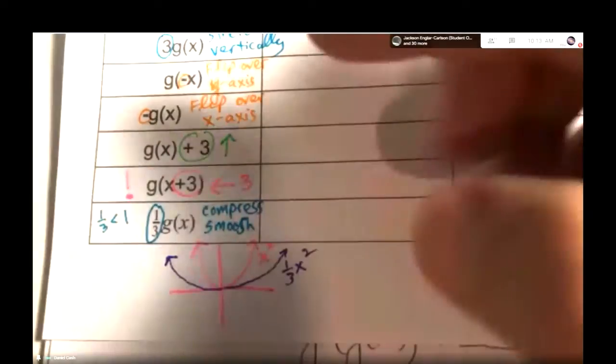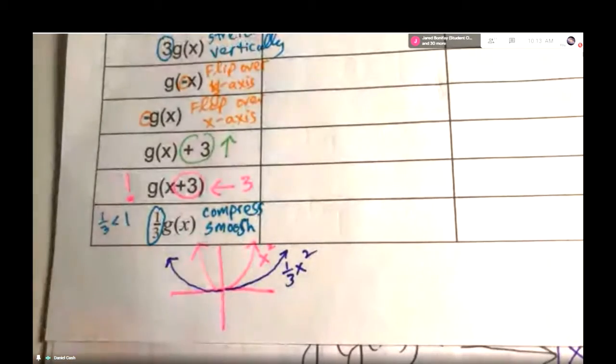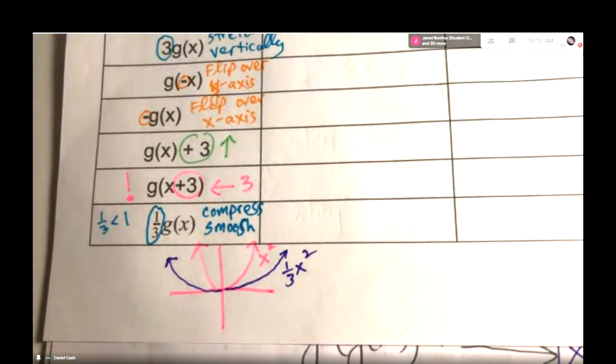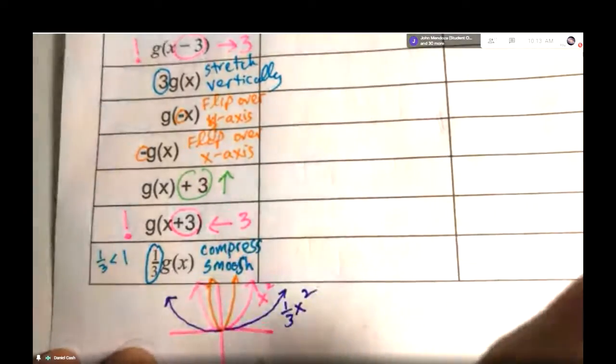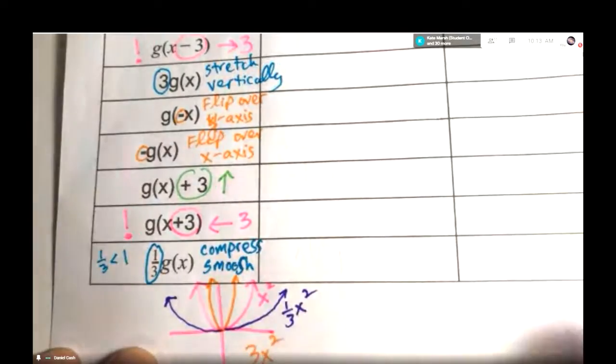Make believe that someone is smushing the pink function down to get the purple. The 3x squared would make the function grow 3 times faster. So the orange would be 3x squared.